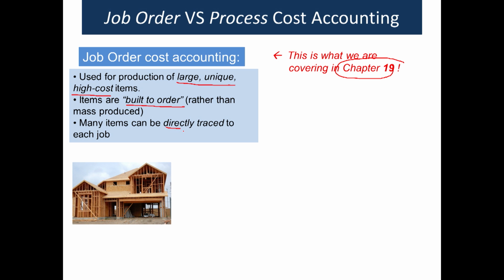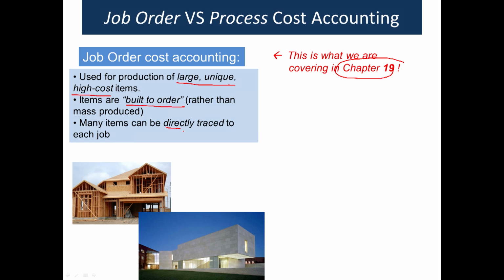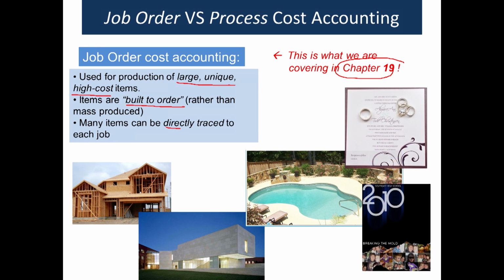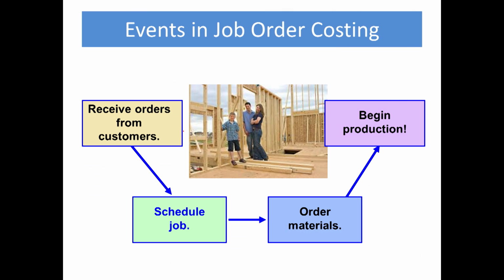Some examples were a custom-built house, a custom-built museum, an in-ground swimming pool, or wedding announcements, yearbooks. We talked about the starting point for job order cost accounting: the order must be received from the customer. Then they schedule the job, then they order the materials, and then they begin production, correct?